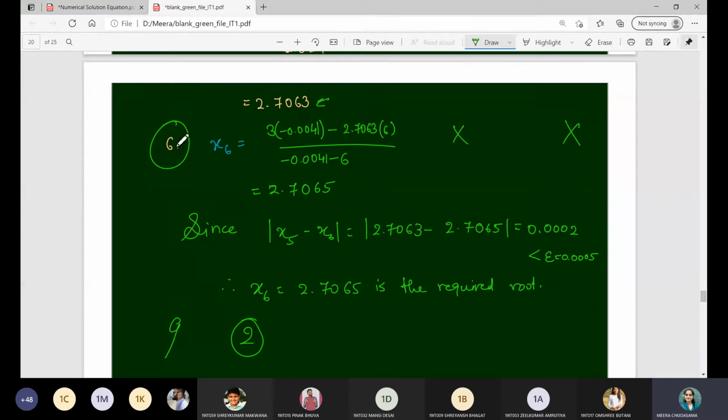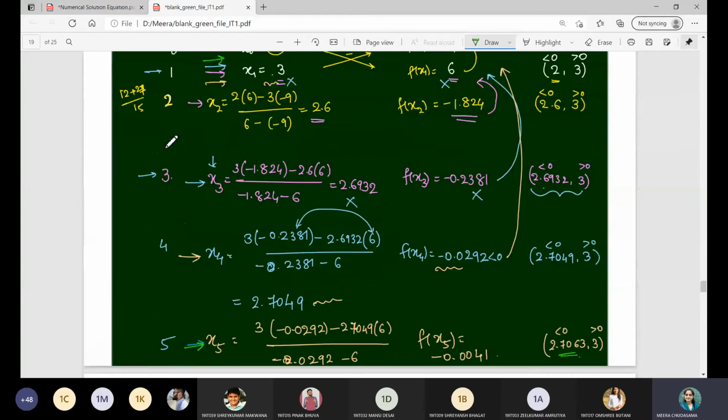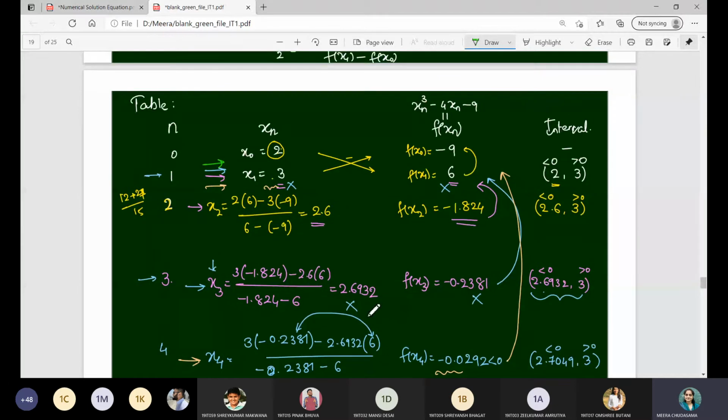If you observe from the table, in this case in the second and third itself you will see 2.6 and 2.69 are near to each other, meaning up to 2 decimal places we already got accuracy from there. But since we want correct to 3 decimal places, we have gone to the 6th iteration, and there we have the desired level of accuracy for the root.